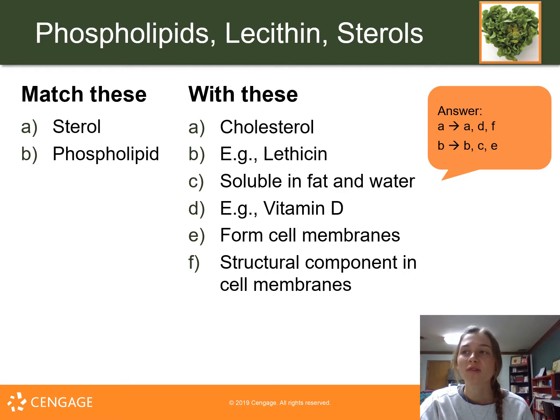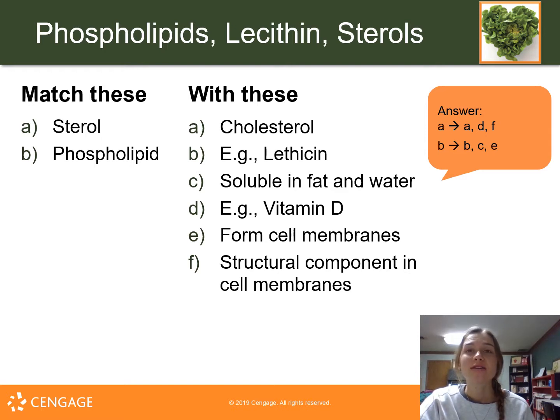And a phospholipid is very similar to the structure of a triglyceride, but it only has 2 fatty acid chains, and it also has a phosphate group, which is a phosphorus-containing salt, and another nitrogen-containing compound. Most often it's choline in the place of one of the fatty acids.